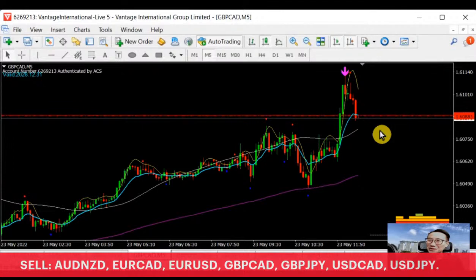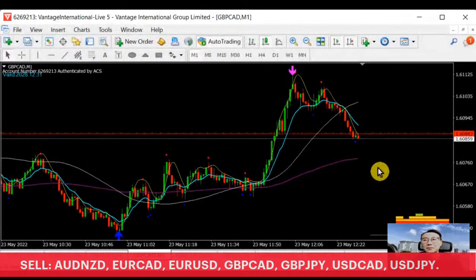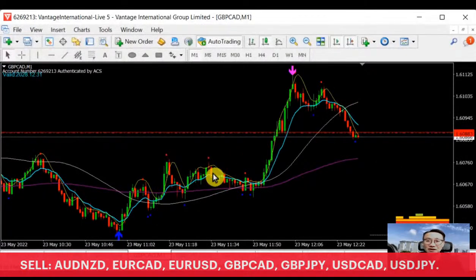So what are we going to wait for? Let's wait for the retesting of the resistance without breaking, then we start selling. After it comes again, we test, go down again, then we start selling. So be very patient.